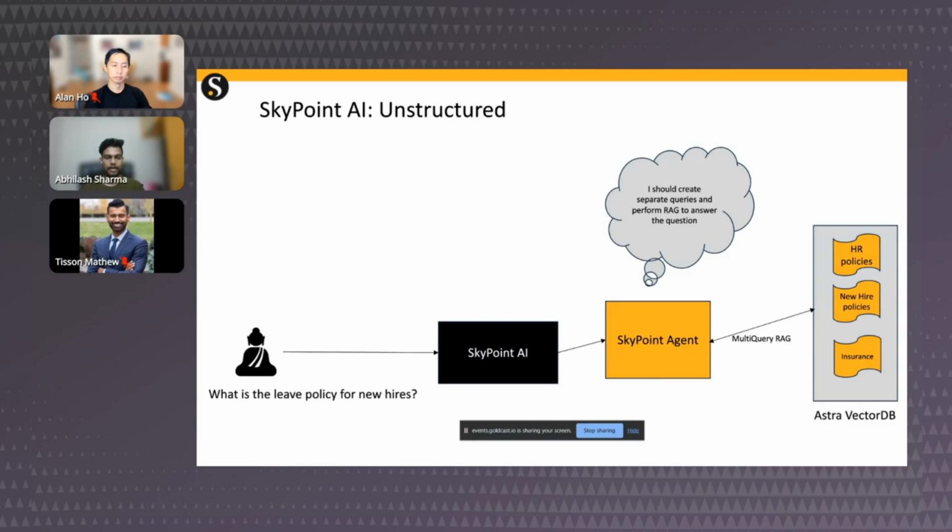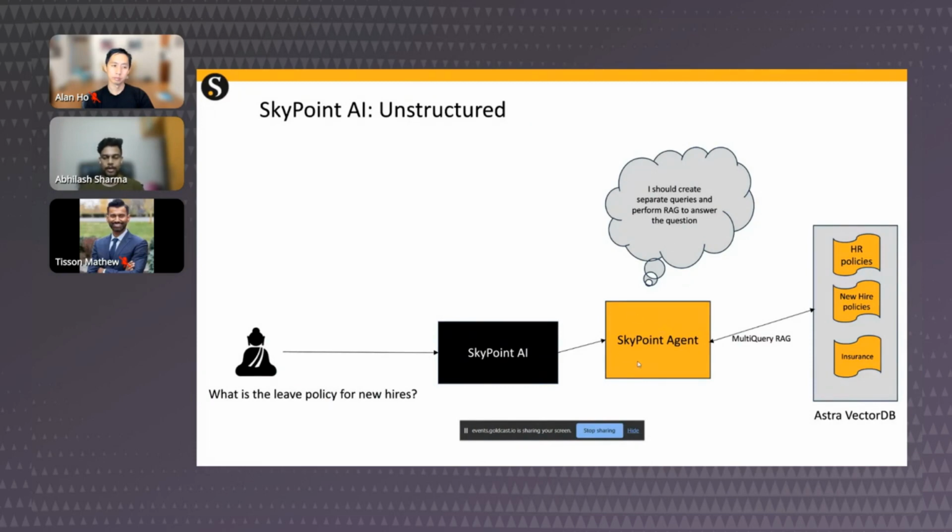Coming to the unstructured example, for example, what is the leave policy for new hires? So when SkyPoint AI intercepts this prompt, it first plans and figures out that it in fact can be answered from the unstructured data source.